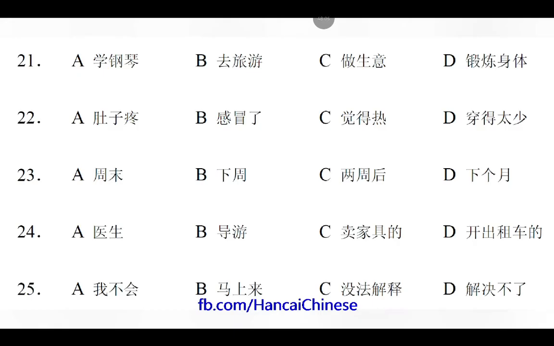From this audio we listen to something related to travel, right? 旅游. This is also what we hear in the audio. 去 means go. You hear these two words, and the other options we haven't heard. These three are totally irrelevant to the audio.